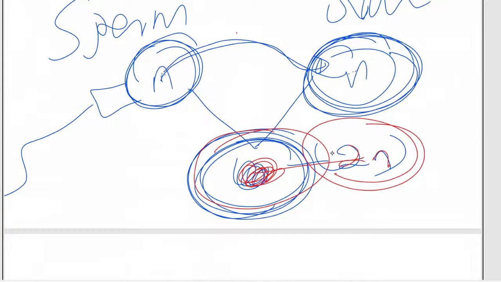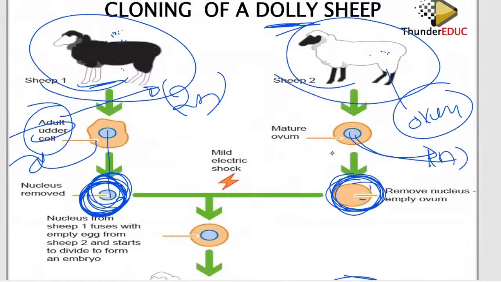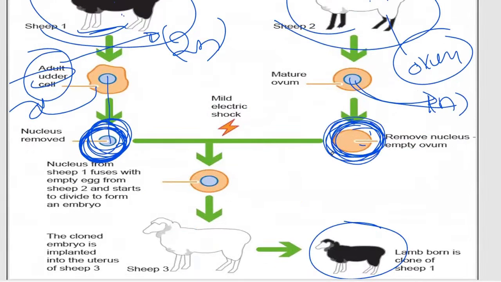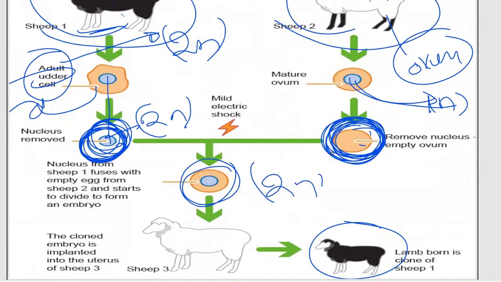Let's go back here. The casing is the ovum, but this cell is diploid. Meaning that when we combine these two, I'm going to form something which is 2N, but the casing is the ovum. So it looks like a zygote.